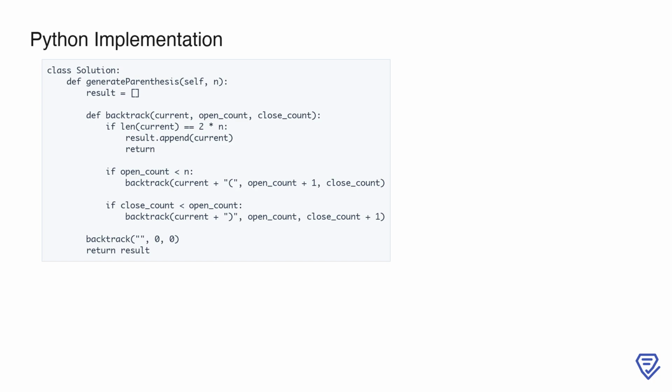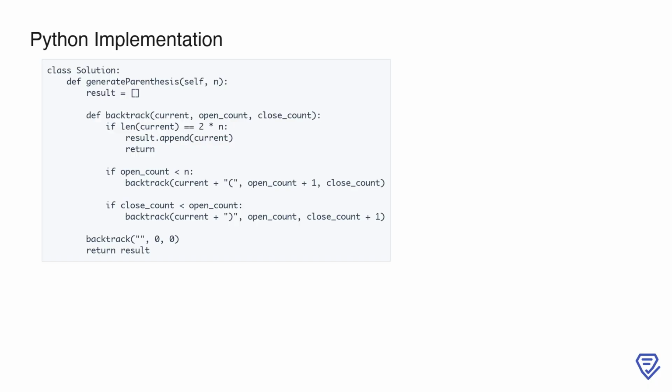The recursion starts with an empty string and 0 counts for both opening and closing parentheses. The backtrack function explores all valid combinations by making decisions to add either an opening or closing parenthesis at each step, while adhering to the constraints. Once all possibilities are explored, the result list, containing all valid combinations, is returned as the output of the generate parenthesis function.